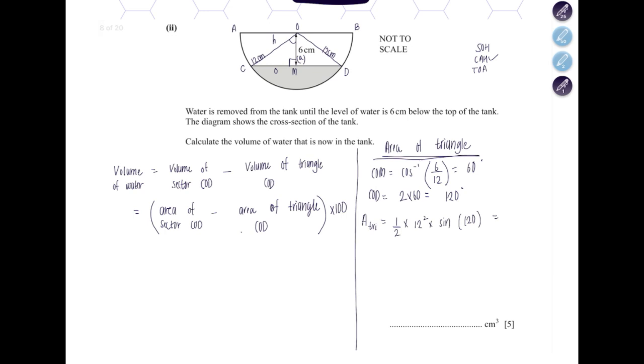Let's calculate it. So the area of the triangle here is 62.35 centimeters squared.